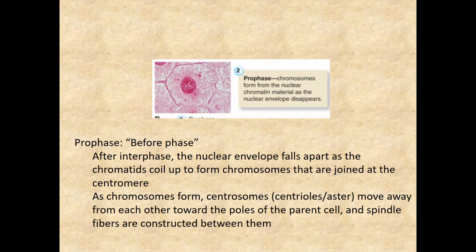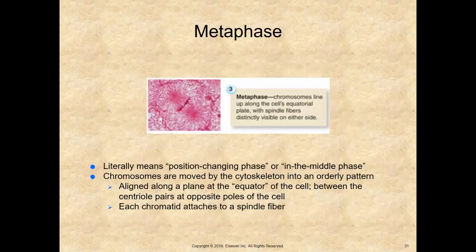Then the centrioles are going to start to move away from each other to opposite sides of the cell, and the microtubules that have been constructed between them are going to start to come towards the center of the cell. You can see it better in the next phase. That was just the beginning. The next phase, you can really see a clear demarcation. It's called metaphase. M for middle, the middle phase, where all of the chromatids are lined up in the middle of this parent cell.